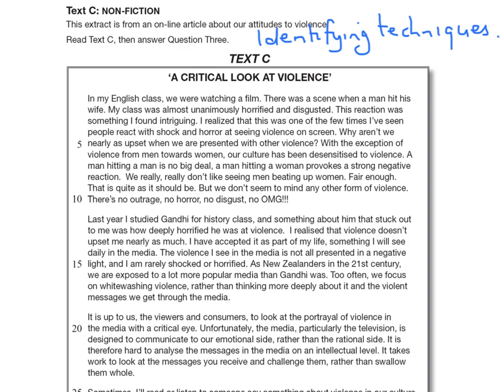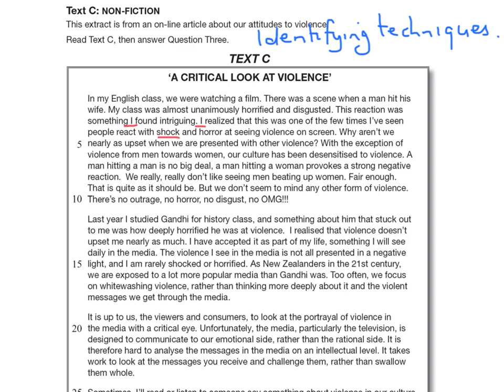Well, firstly, of course, we've got personal pronouns, which is narrative point of view. The narrative point of view is first person. So, for example, "I found intriguing", "I realised". So that's first person. The second one is there's plenty of emotive language in this particular piece.